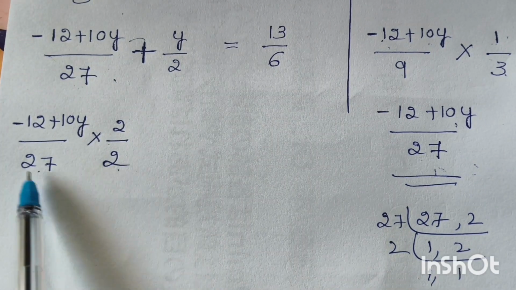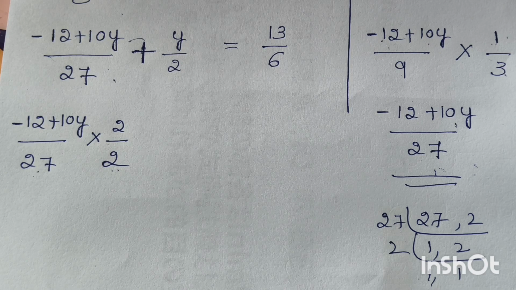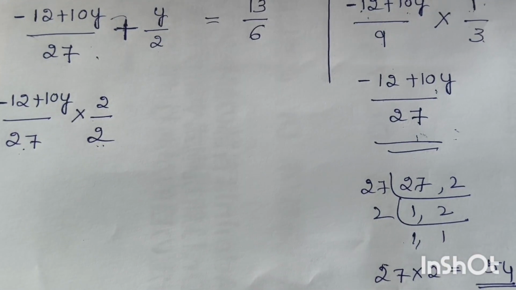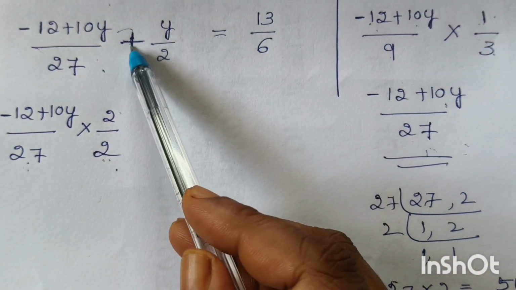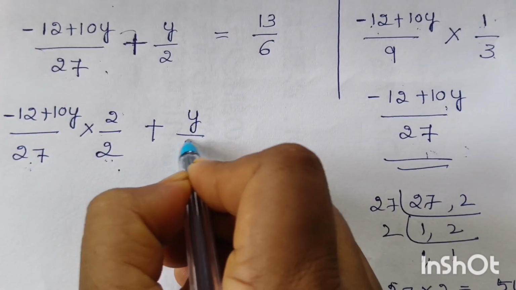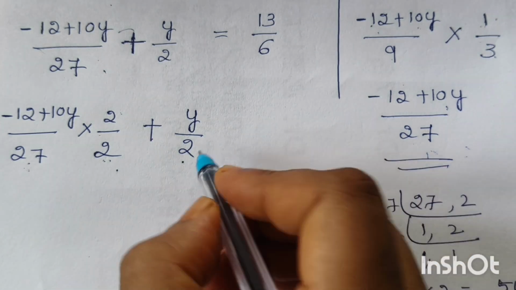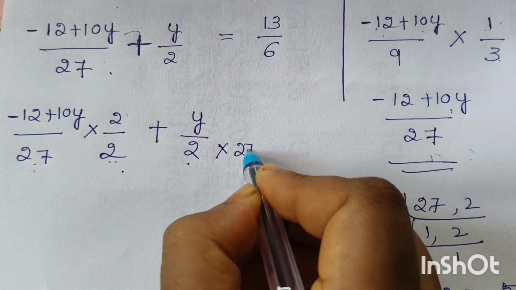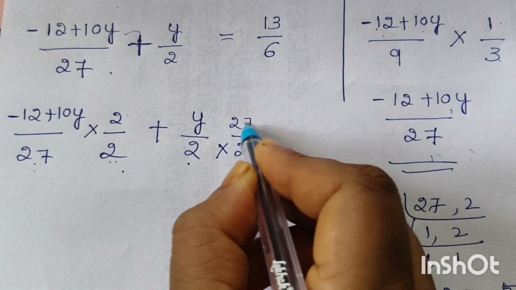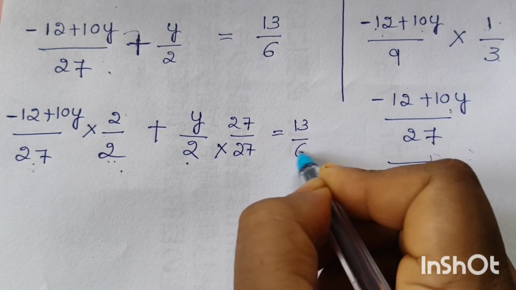To equalize the denominator, we are multiplying by 2 and 2 because our LCM is 54. Plus y. To make this 2 as 54, what do we have to multiply? 27, both to the numerator and to the denominator, is equal to 13 by 6.